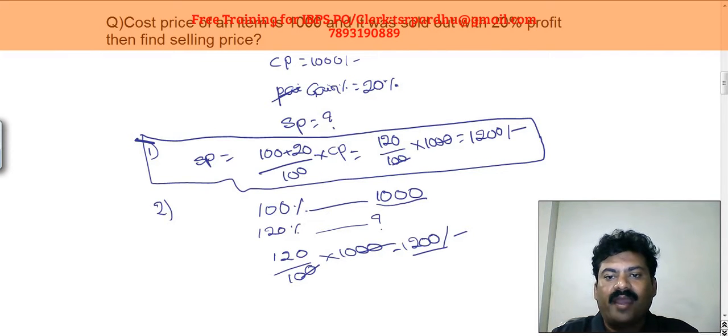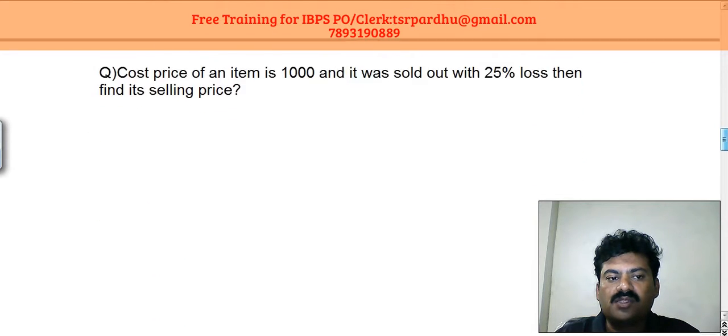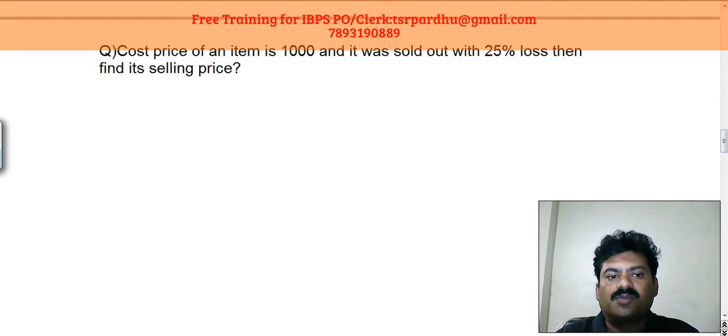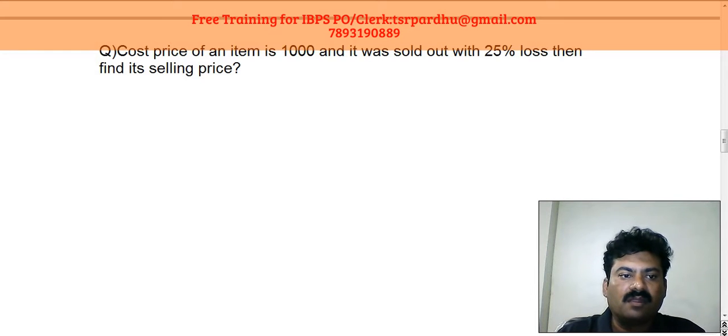Let us go for another example where we take the cost price of an item and there was a loss, then how to find out the selling price? Please look into this example. The cost price of an item is 1000 and it was sold out with 25% loss, then find its selling price.